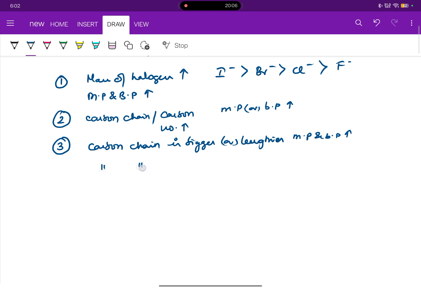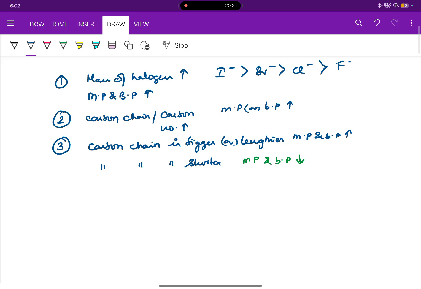If the carbon chain is shorter, then it will be the reverse. That is, the melting point and boiling point will decrease.